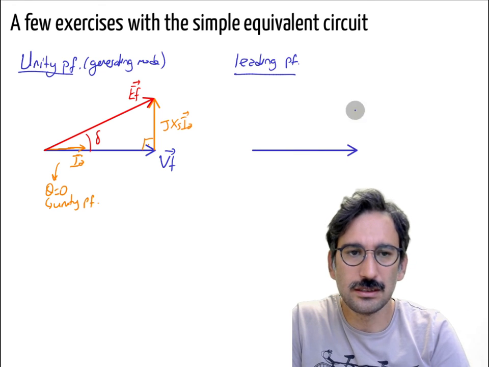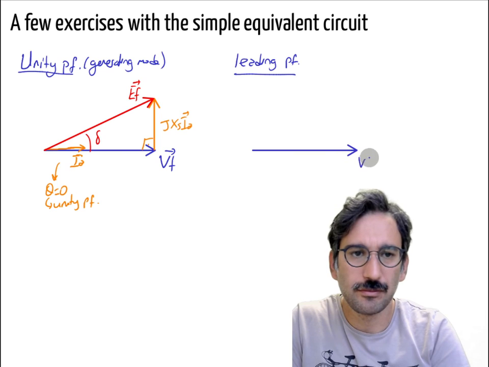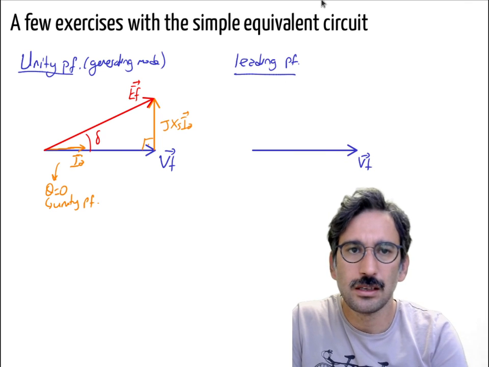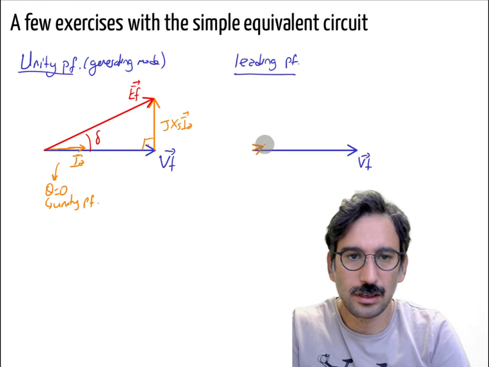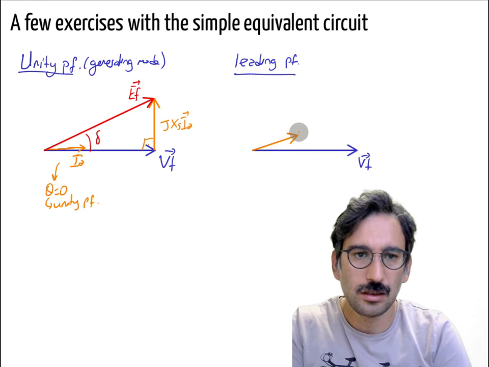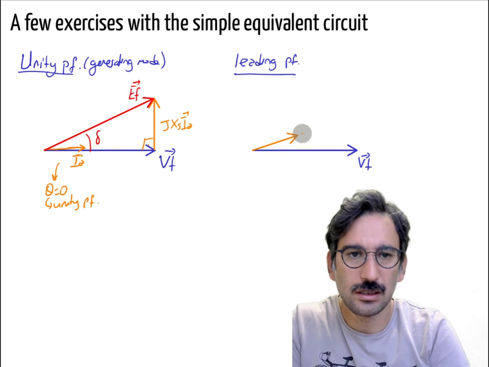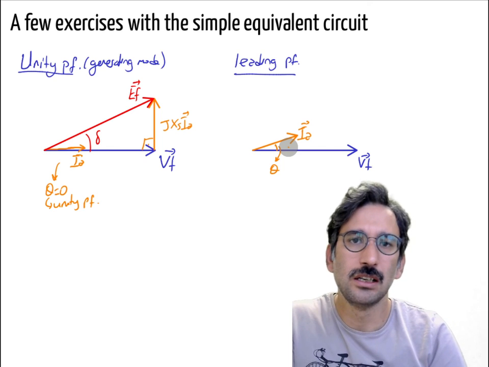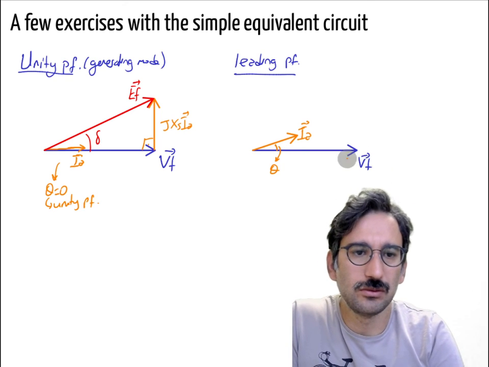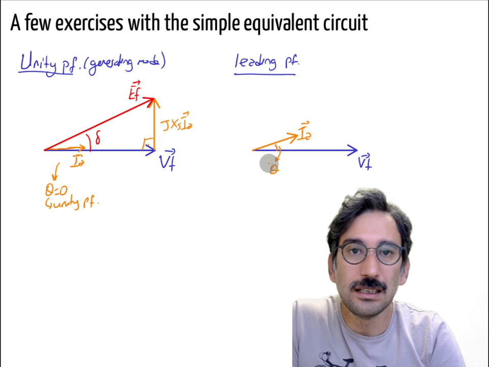Let's say this is VT, and this is the IA vector, and this is theta, so it is ahead of the terminal voltage, so that is the leading case.